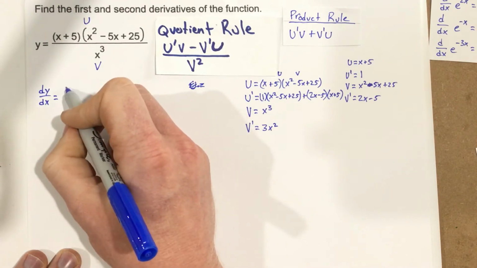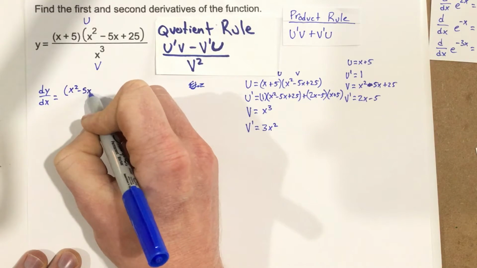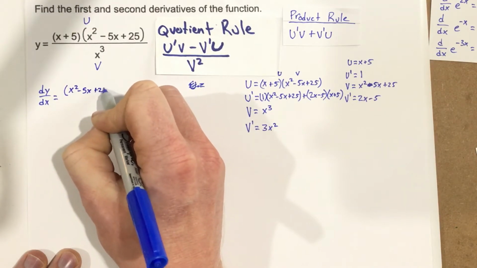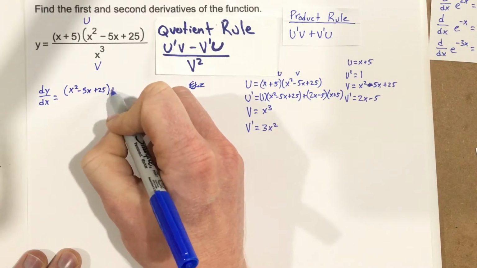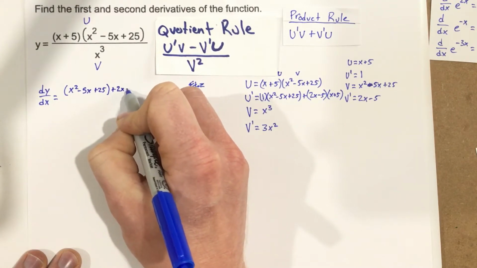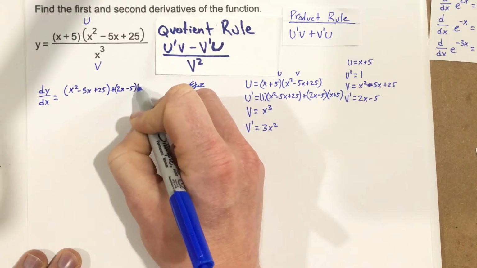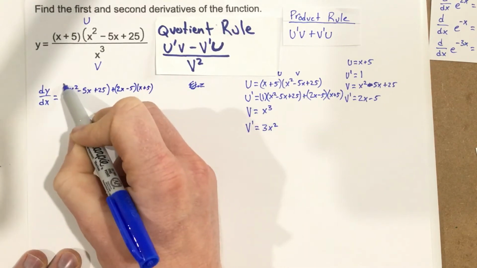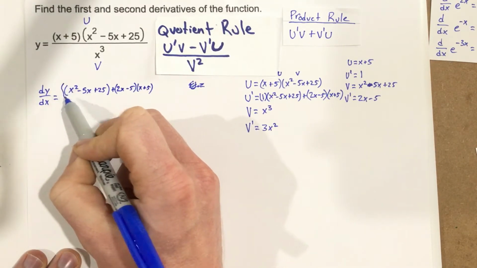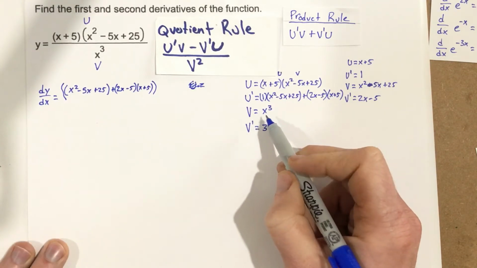So we're going to end up with x squared minus 5x plus 25 plus 2x minus 5 times x plus 5, and this is all multiplied times our v, which is x cubed.